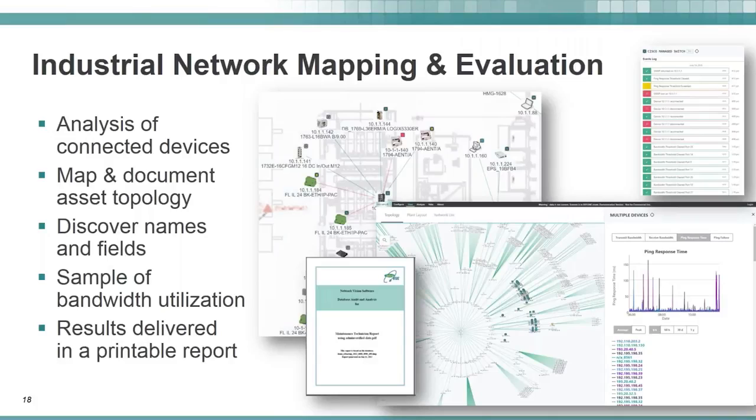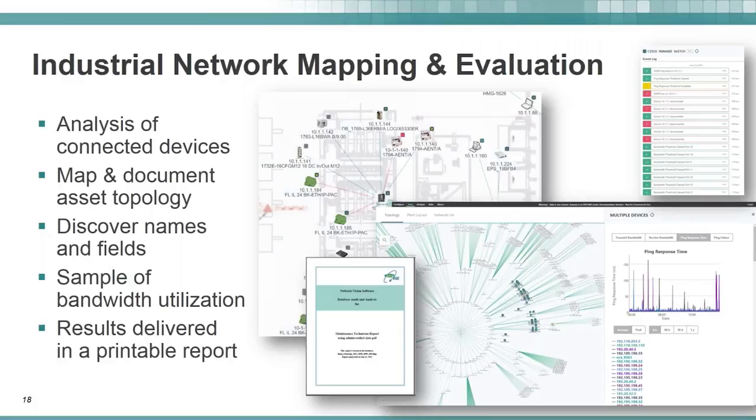We'll have the network field names, and with that discovery we can also look at the bandwidth utilization throughout the network. So we can look at the overall capacity and capabilities of our network. We can see if there are some devices on there that are hogging a lot of bandwidth.